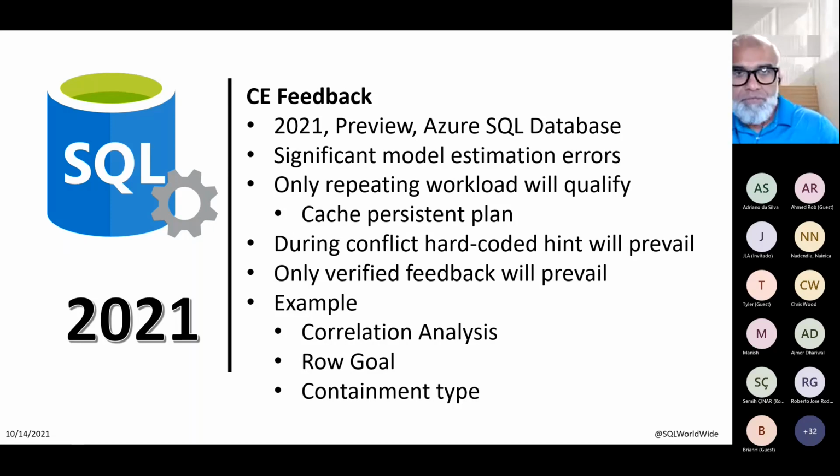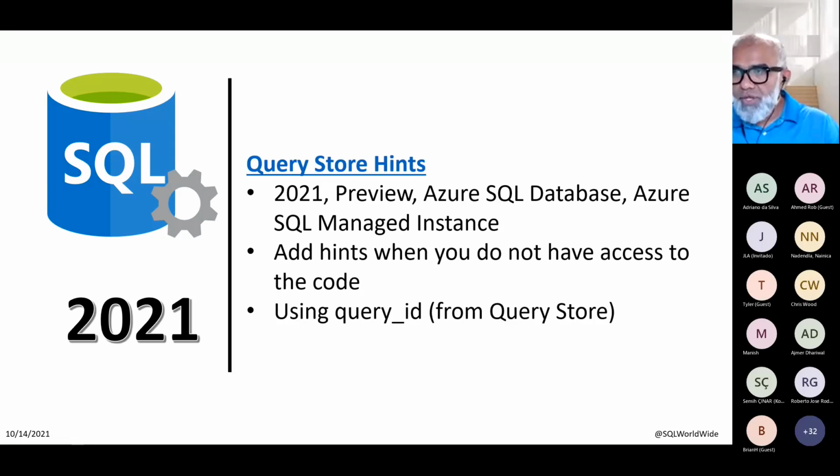You'll find the recording. They talked about it, but it hasn't gone to public preview yet. I'm keeping an eye out. I do not have any insider information on when it's going to go. I'm not going to read this slide, but you can read about it. Query Store Hints went to public preview this year for Azure SQL Database and Azure SQL Managed Instance.